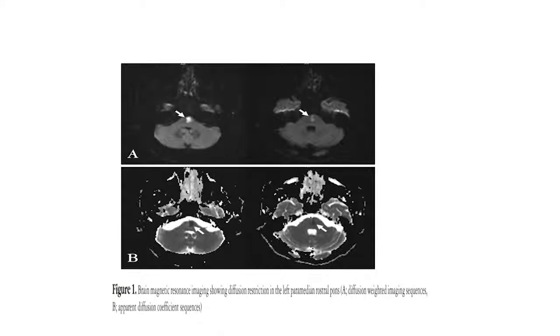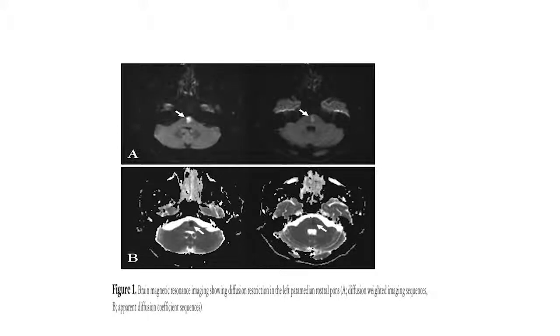The upper one is the DWI, where you see there's a hyperintense lesion in the rostral pons. So the pontine branches come from the basilar artery. So it's still posterior circulation, but in the pons.